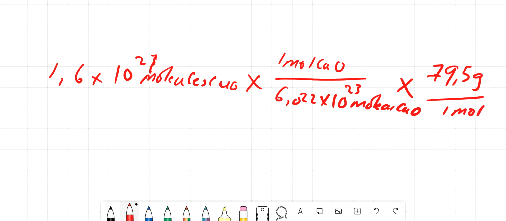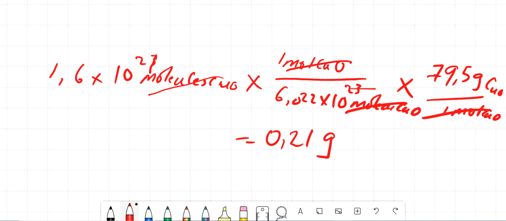As I have already explained, this is grams per mole. Depending on which units we want to cancel, this will be copper oxide and copper oxide. The moles and moles will cancel out, the molecules will also cancel out, and your answer will be in grams, in this case 0.21 grams.